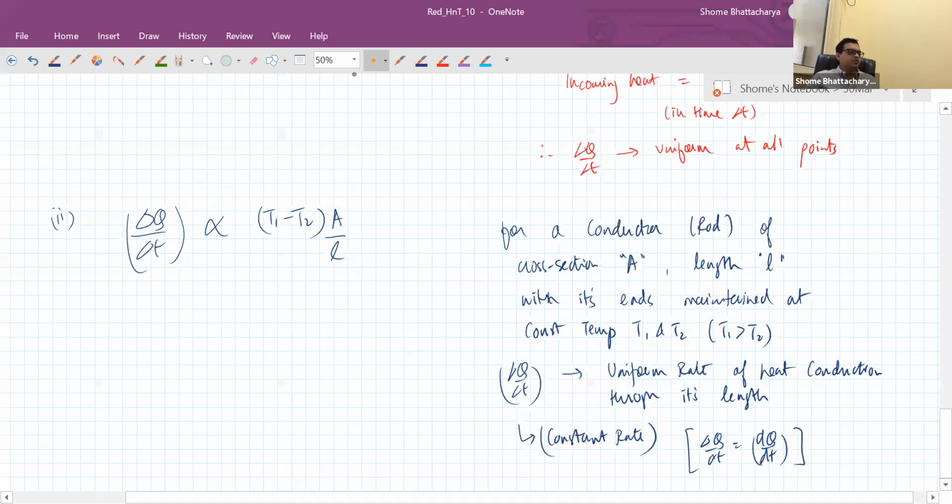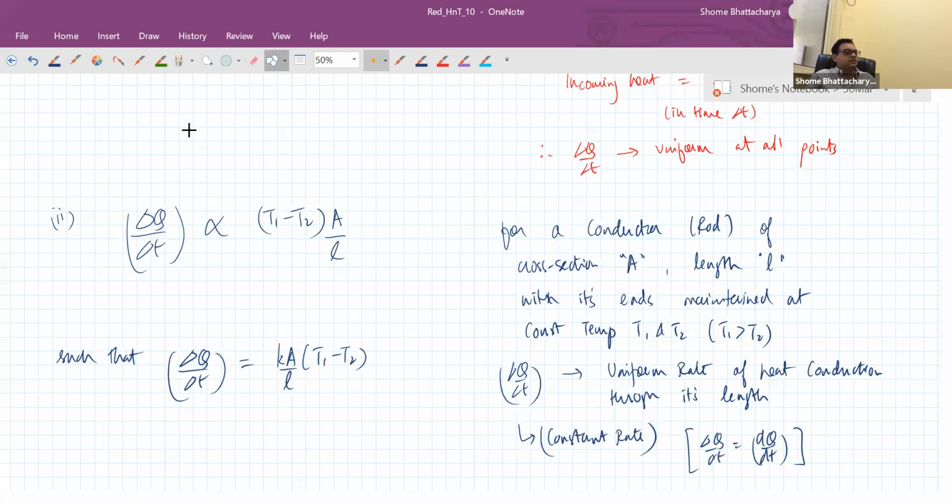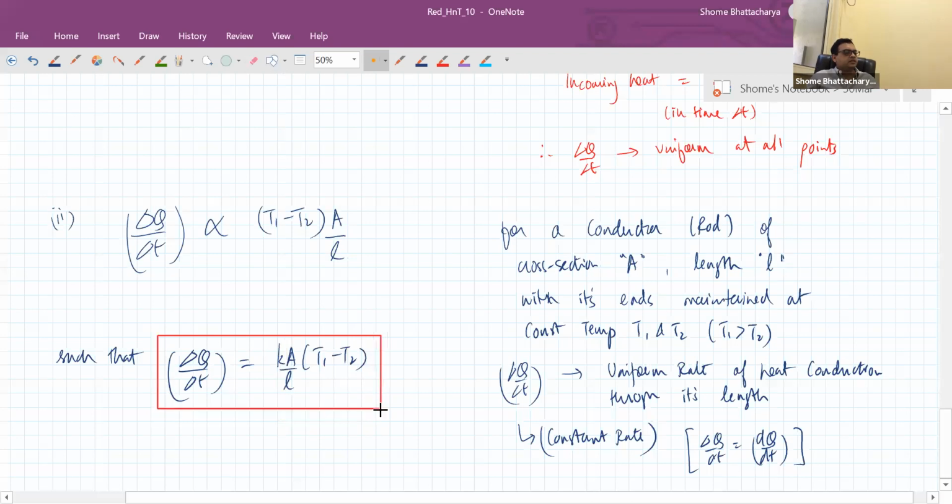Now the constant of proportionality here is a physical constant, because obviously delta Q by delta T is in watts, temperature difference is in kelvins, area is in meter square and length is in meter. So that particular constant K is called the thermal conductivity, and it is a material property of the rod.